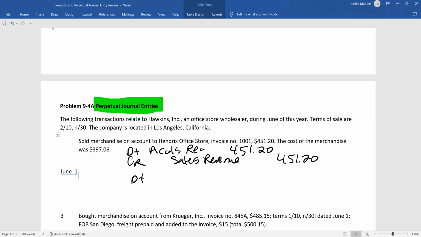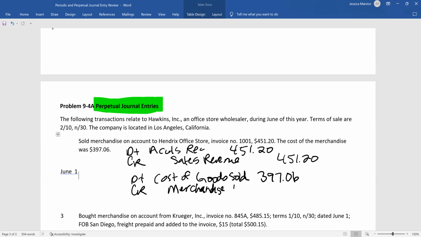So we debit cost of goods sold $397.06. We credit merchandise inventory $397.06.